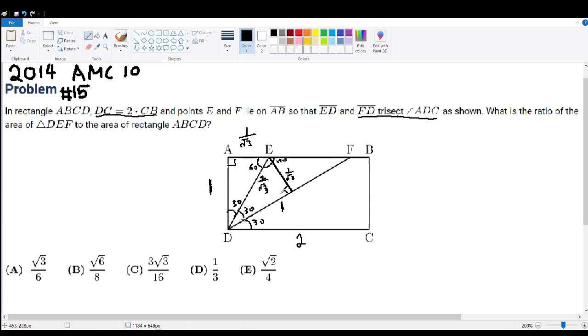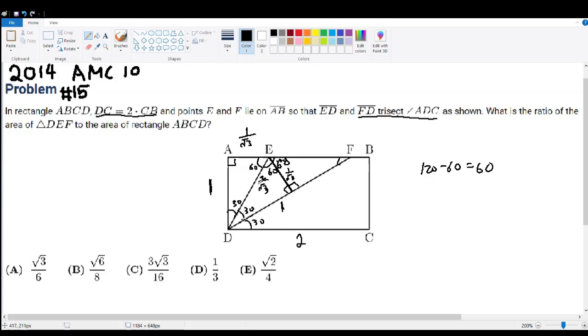So since this is 120 and this is 60, you know that this is also 60 because 120 minus 60 equals 60. So this is another 30, 60, 90 degree triangle, and in fact it's the same 60, 90, 30 degree triangle over here.